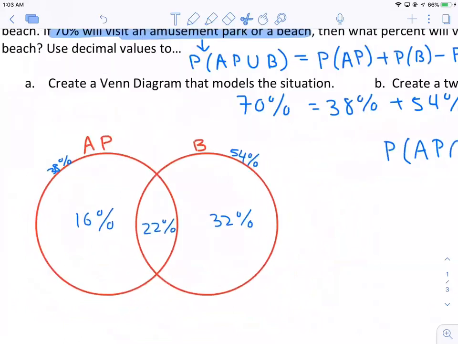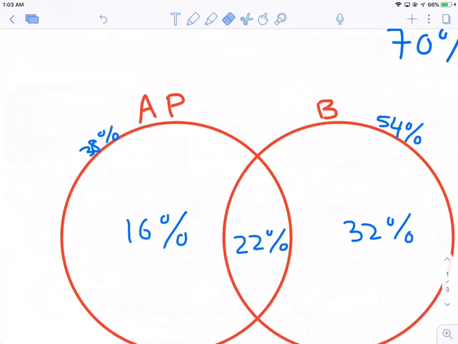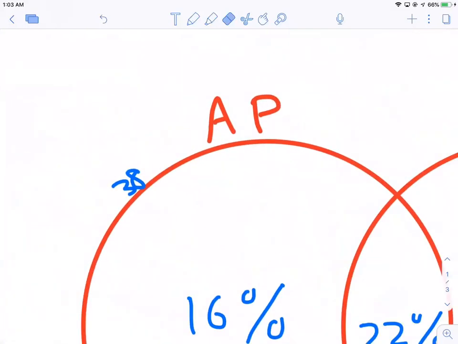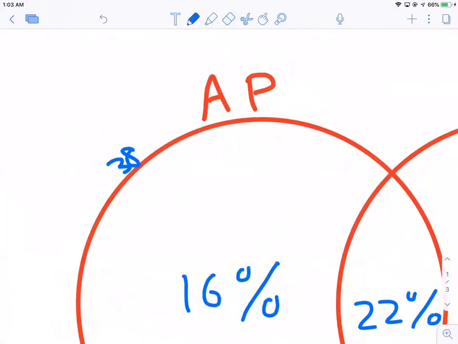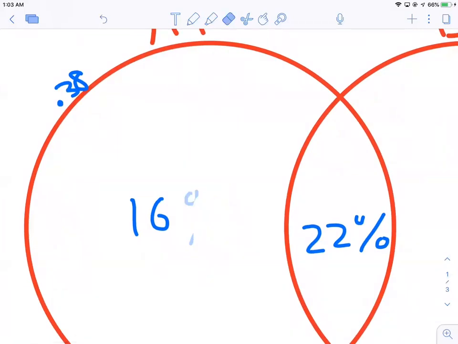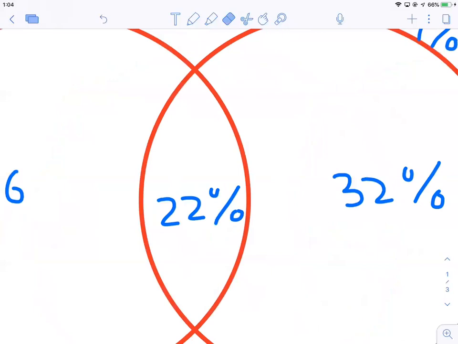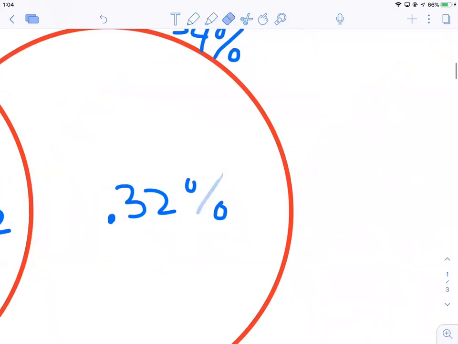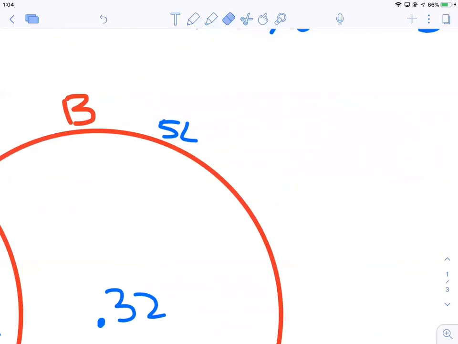Most of the time, if you're doing one of these Venn diagrams, we're going to write everything as a decimal between 0 and 1, right? That is more often how we're probably going to do these problems. So let me just write it like that now. 0.38, 0.16, right? 22% is 0.22. And change that to 0.32, and change this to 0.54, right?